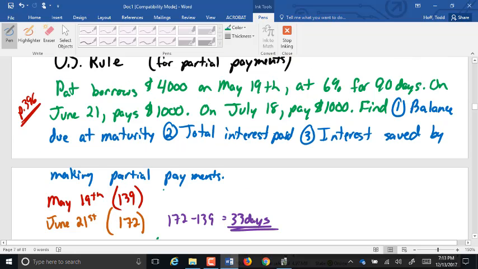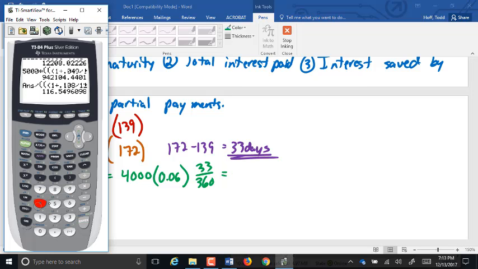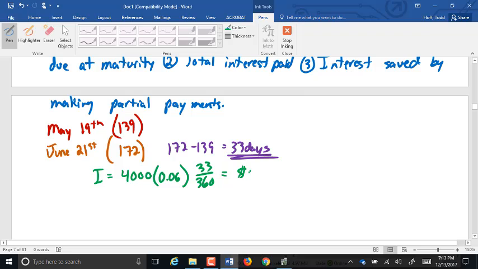I was nice here and did 6%. 4000 times 0.06 times 33 over 360. $22 in interest.